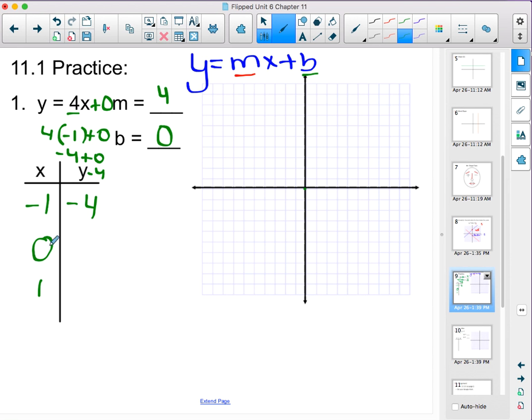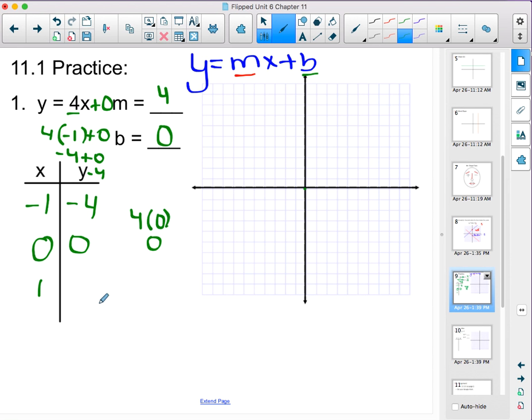I'm going to repeat the same process for 0 and 1. So I have 4 times 0. I could write this plus 0 down at the end, but I'm not going to. It's kind of a waste of my time. 4 times 0 is 0. So that tells me when x is 0, y is also 0.